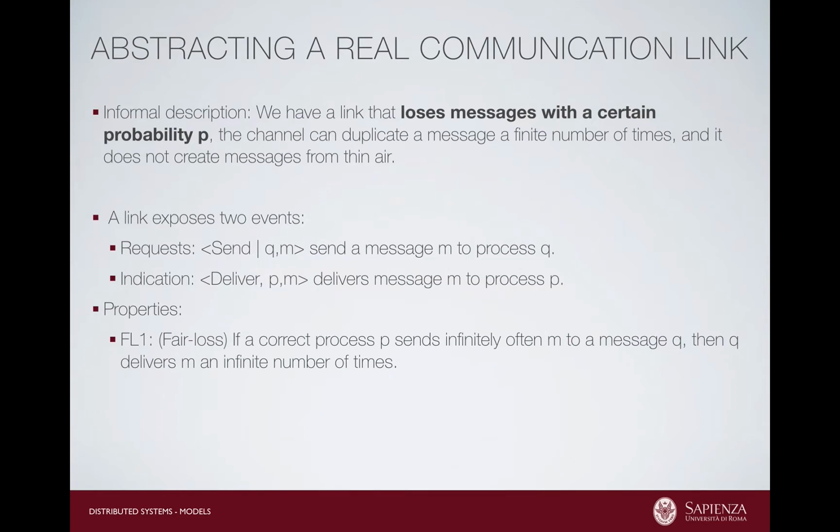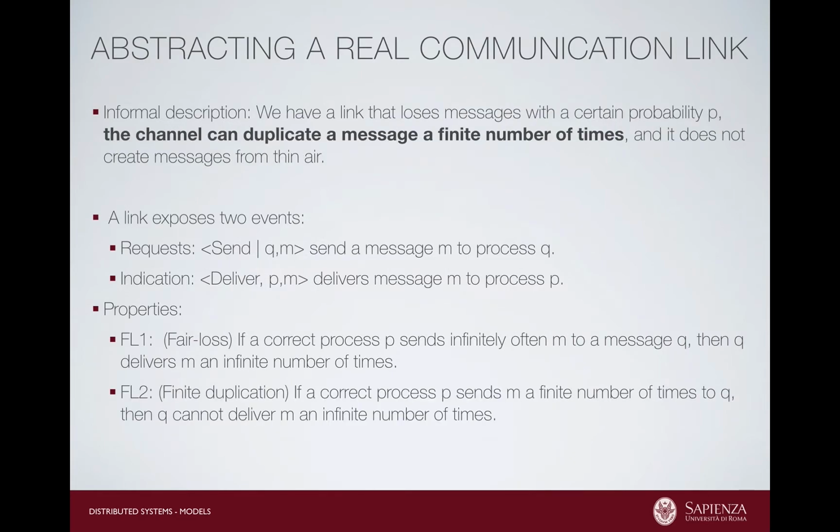Essentially, this means that if you keep sending messages, since there is just a fixed probability that one message can be lost and this probability is less than 1, if you keep sending the message, something will go through. But you don't have any bound on the number of times you have to send, so you have to keep sending. This is what the fair loss property says.